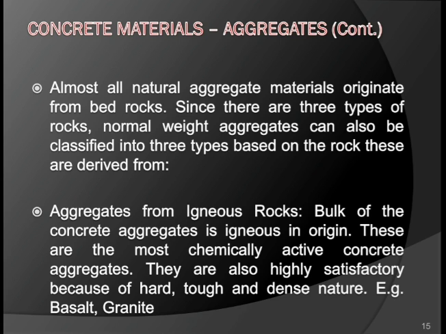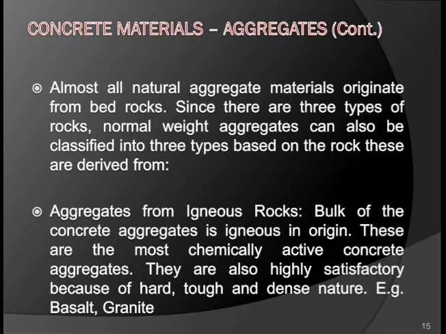Now, almost all natural aggregate materials originate from the bedrocks. And as we know, rocks can be classified into three types: igneous, metamorphic and sedimentary. So, the aggregates from igneous rock: the bulk of the concrete aggregate is igneous in origin, which is the main aggregate and very strong in nature.